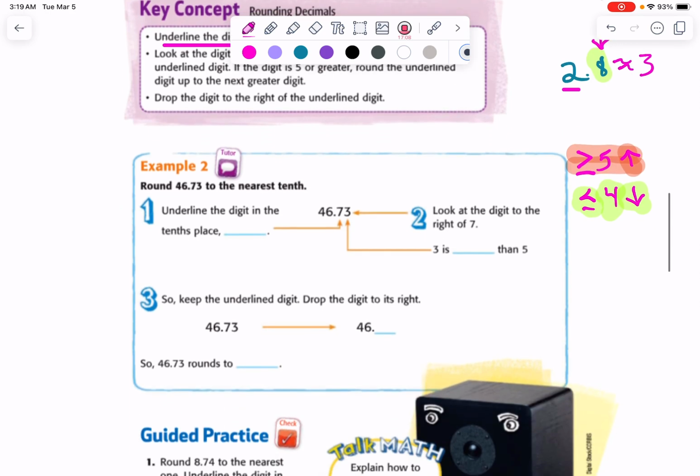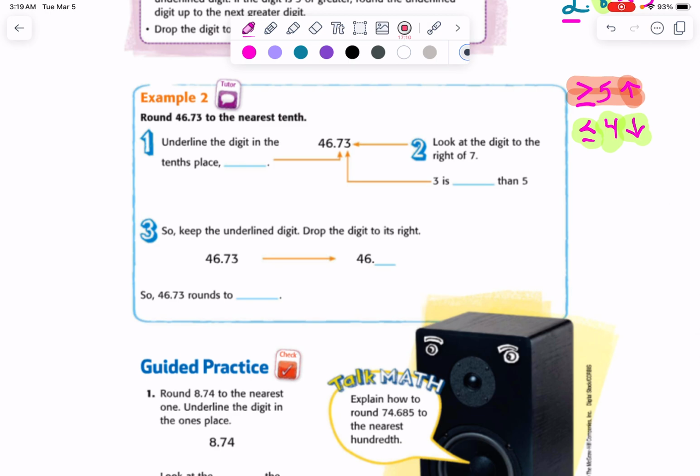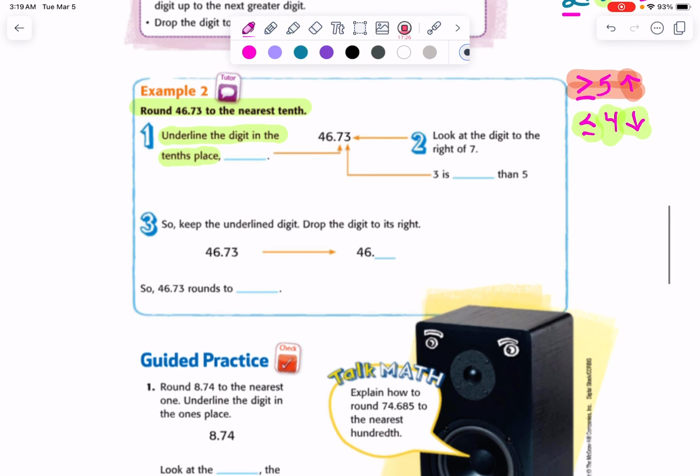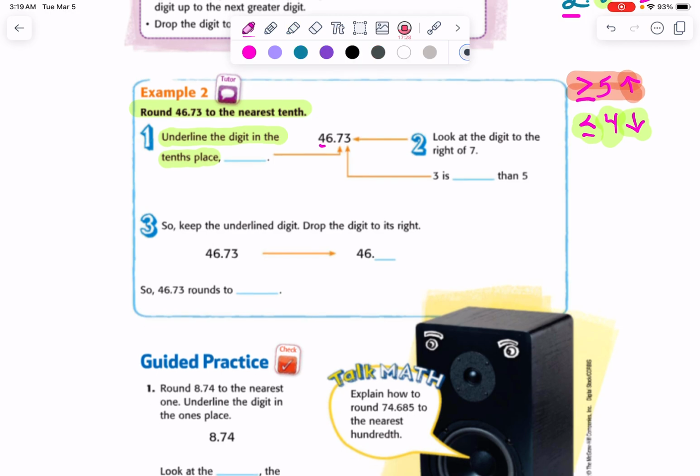Let's try that with this one. So it says round 46.73 or 46 and 73 hundredths to the nearest tenth. So first we underline the digit in the tenths place. Let's find that digit. We have tens, ones, tenths, hundredths.